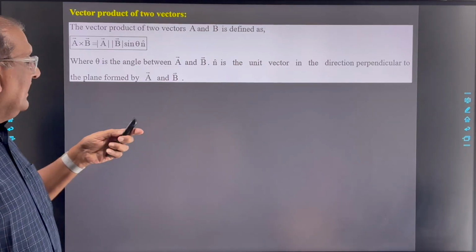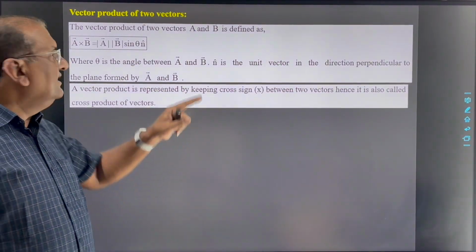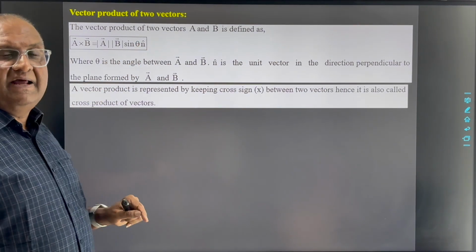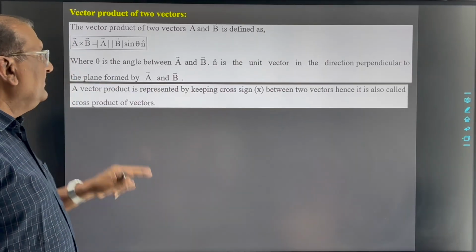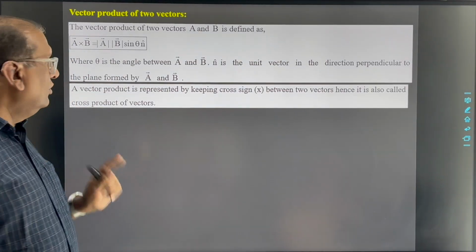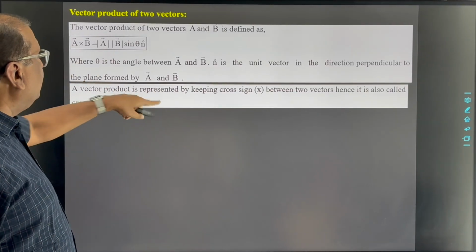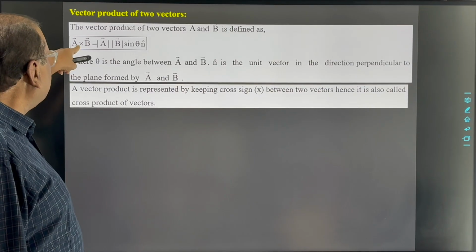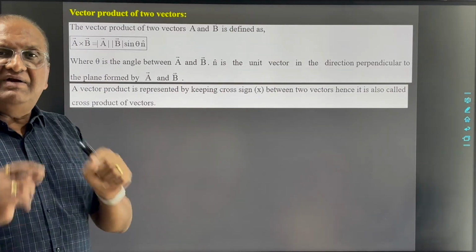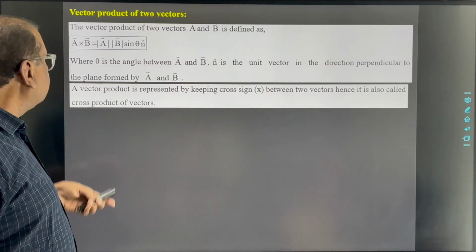Now the direction of n caret, meaning this unit vector appearing in the definition, is decided by the right hand screw rule. Now see here, this one is also represented as cross product, because here the symbol of cross is placed between vector A and vector B. So it is also known as cross product.